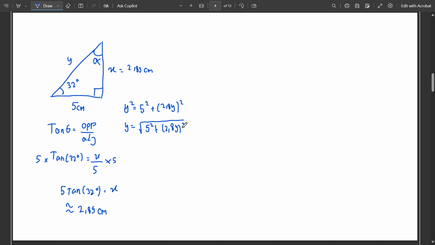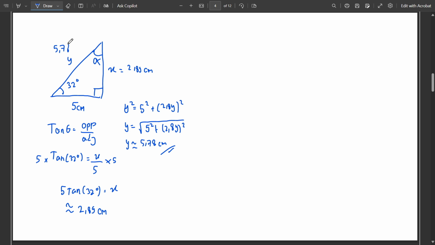Using the calculator again, square root of 25 plus 2.89 squared is approximately 5.78 centimeters.